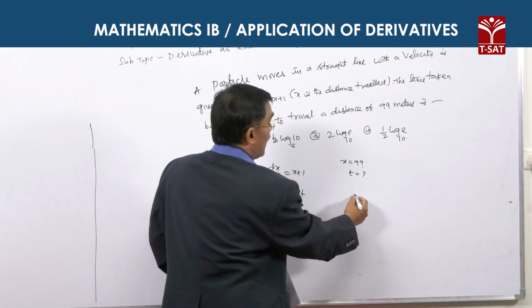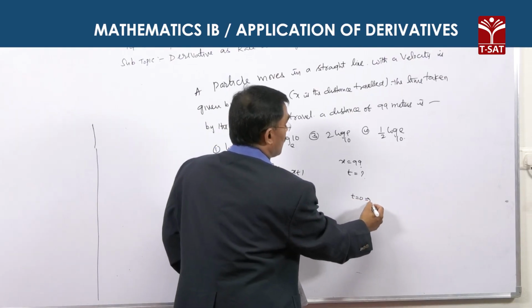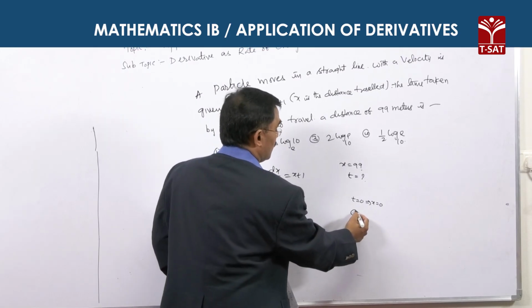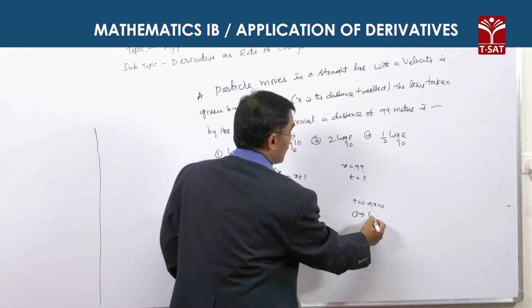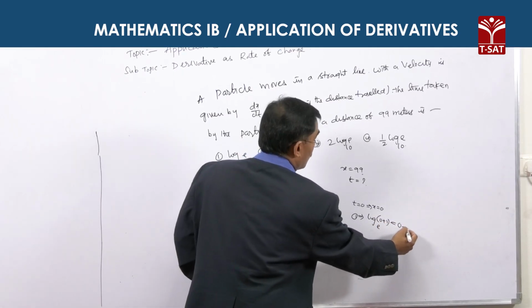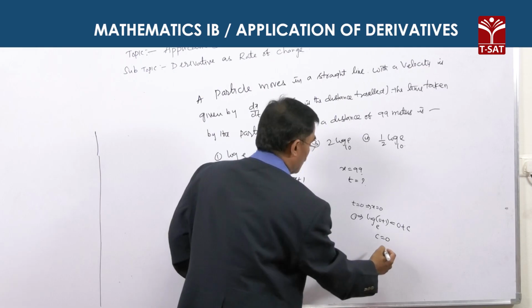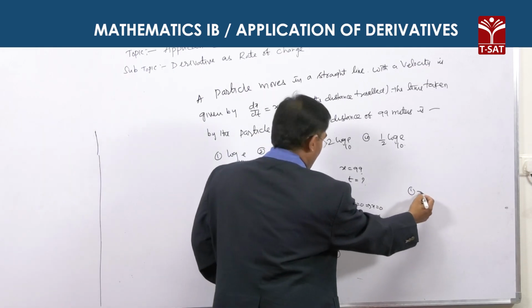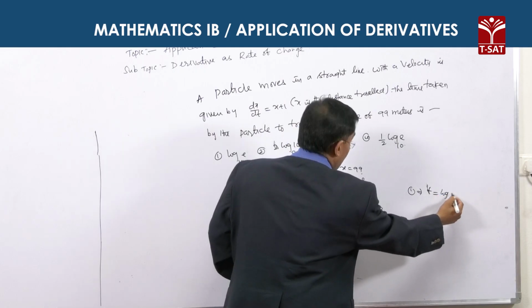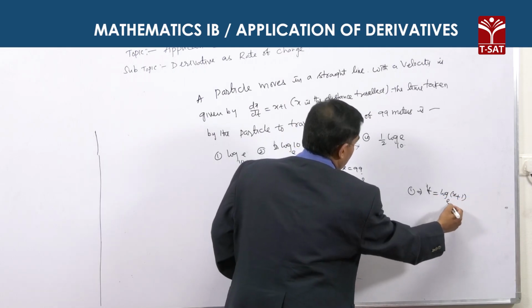But we know that at time 0, the distance x is also 0. Substituting these values in equation 1, log of 0 plus 1 base e equals 0 plus c. Simplifying, c is equal to 0. From equation 1, time t is equal to log of x plus 1 base e.